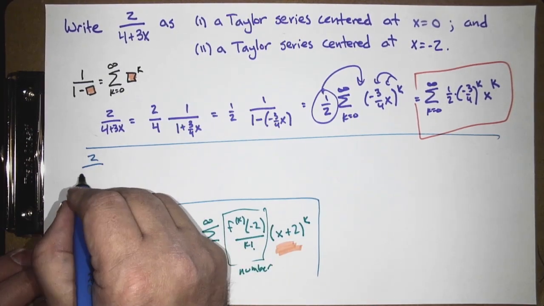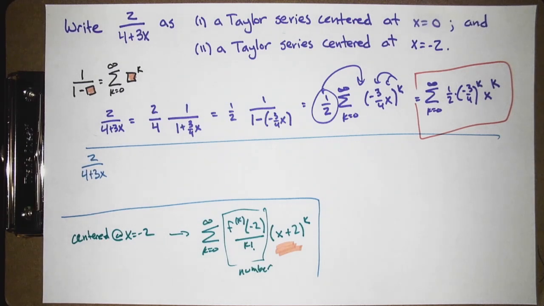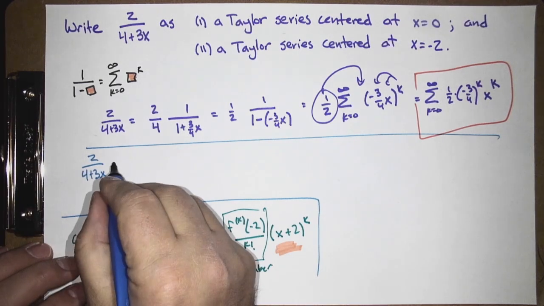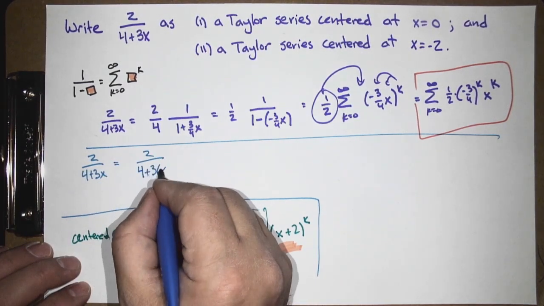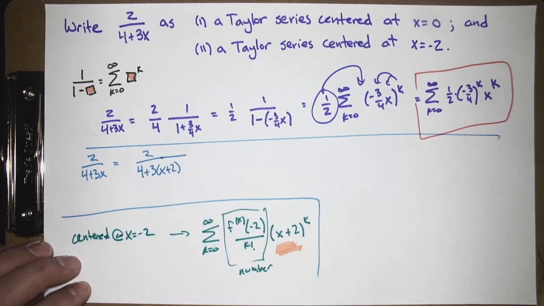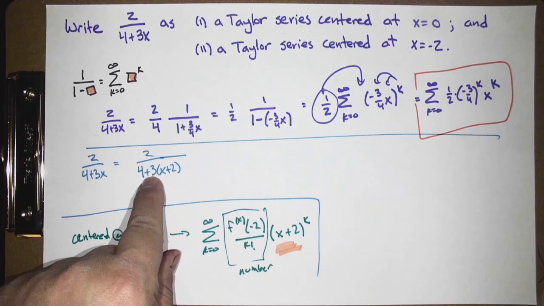We have our 2 over 4 plus 3x. When I see x, I want to see it as x plus 2. So what do we do? If we want it to look like x plus 2, we put x plus 2, right? It's an easy solution. But we can't just do that, because that feels like cheating. So how do we fix it? So I can subtract 2 right away, but notice I have this 3.